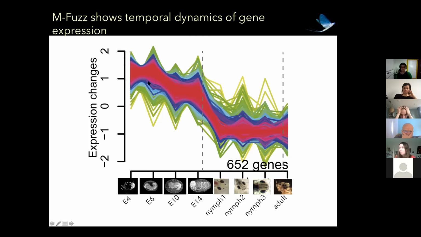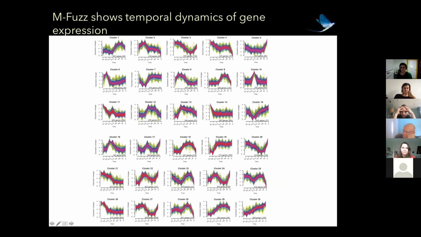This is just an example of one of the clusters we found. This cluster has genes that are highly expressed during the embryonic stages, but not expressed so much during the nymphal or the adult stages. So we can recapitulate different profiles and different types of gene expression.